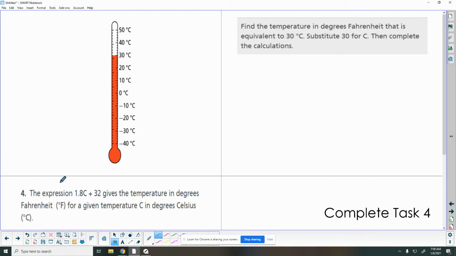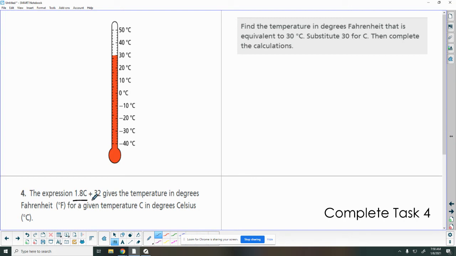Task 4 tells us that the expression 1.8C plus 32 gives the temperature in degrees Fahrenheit for a given temperature C in degrees Celsius. So when you're given a temperature in Celsius, here in the United States, we don't measure things in Celsius. So sometimes when they tell me, oh, it's this many degrees Celsius, that doesn't really mean anything to me. I'm not very familiar with Celsius.